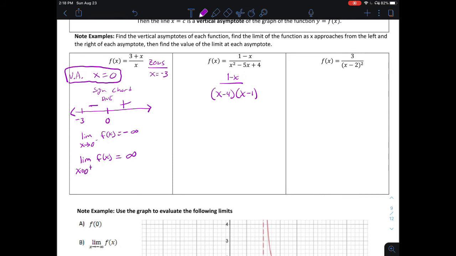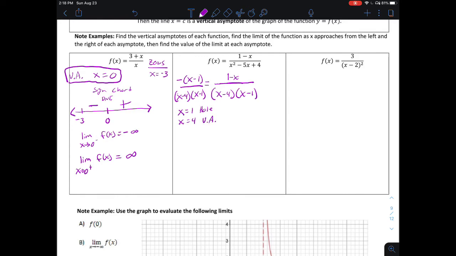And to figure out where the asymptotes are, I could look at that numerator and say, hey, if I rearrange the terms and pull a negative out, that'd make negative times -1 times x minus 1 on the top, x minus 4 times x minus 1 on the bottom. And I don't want to cancel anything out, but what I know here in terms of discontinuities, x equals 1 is a hole, and x equals 4 is a vertical asymptote.